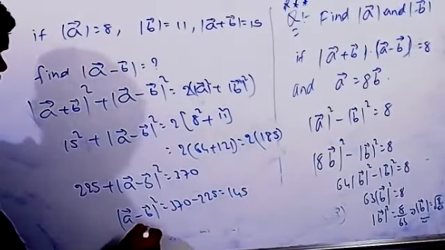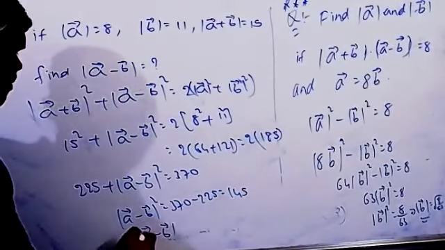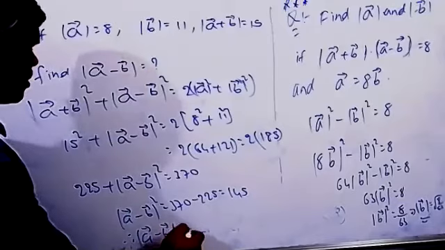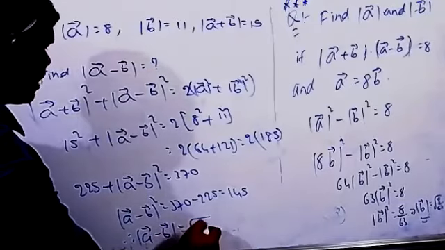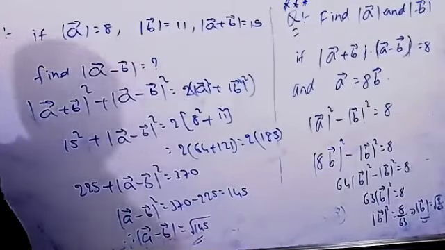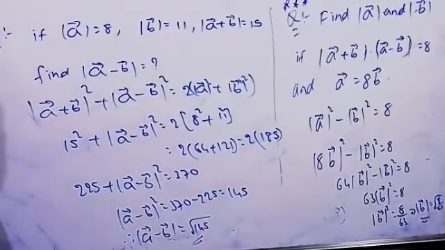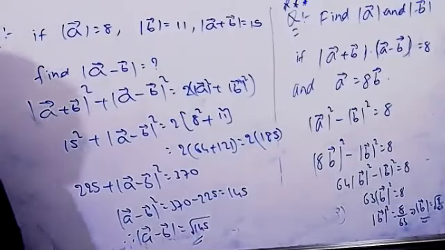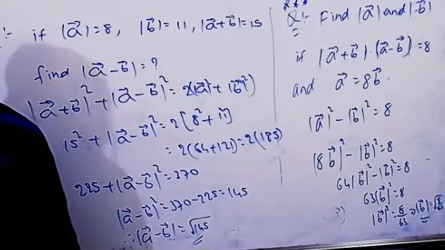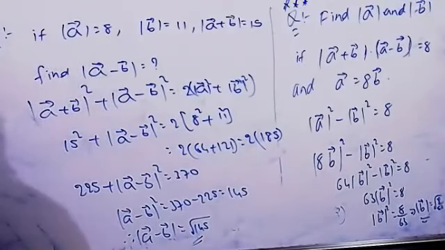Therefore, the value of the magnitude of vector A minus vector B is equal to square root of 145. This kind of question is also more important.